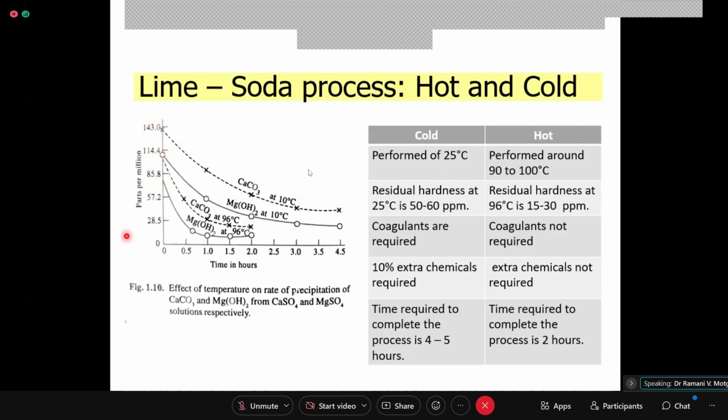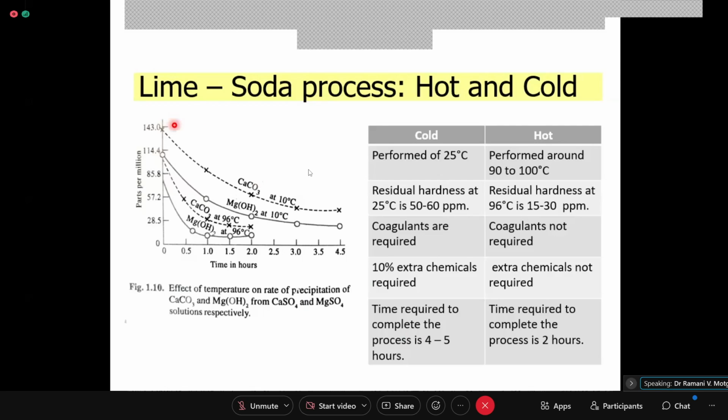Okay, now you can imagine this. Now if you plot a graph of residual hardness in parts per billion, or the hardness in parts per billion, and the time in hours for cold and hot lime soda process, if you draw this, you can write. Okay, now what is here?